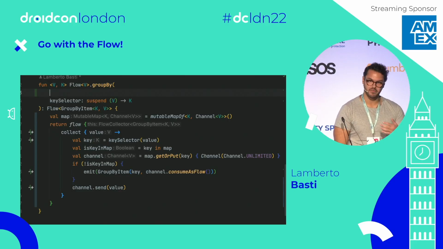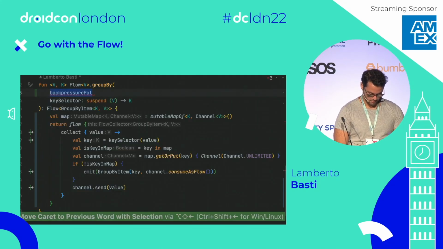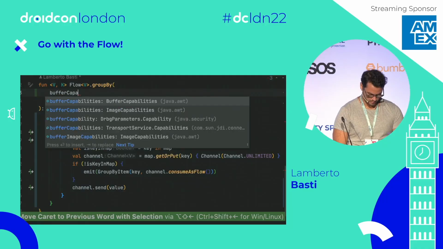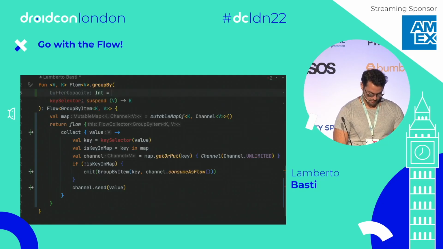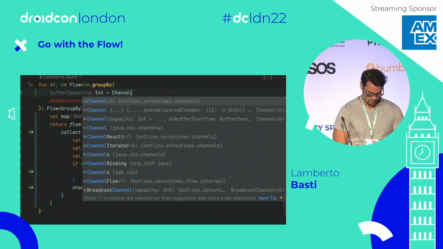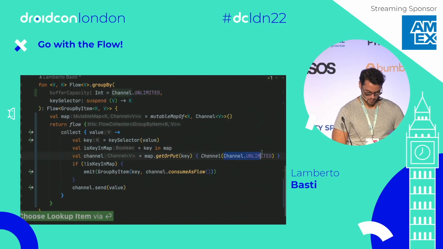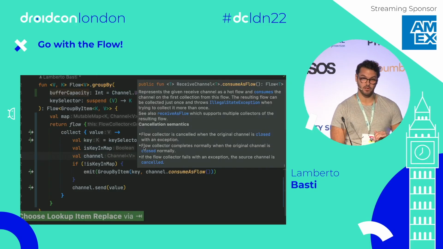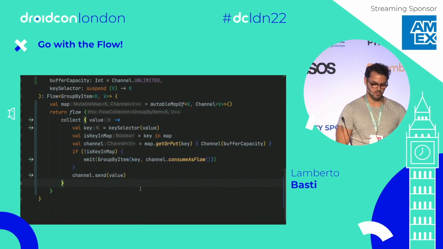So we add a buffer capacity, which happens to be an integer, and by default it's channel.unlimited. And here we'll just put buffer capacity. All right, now we're sure that by default it's not going to go into some kind of starvation or a deadlock, but the user might always mess things up, so yeah.